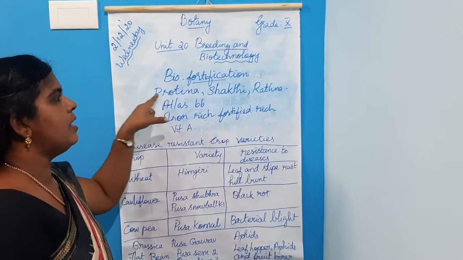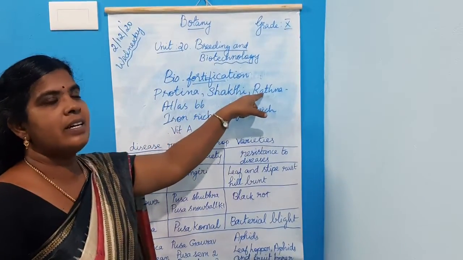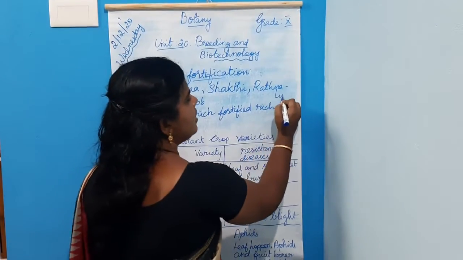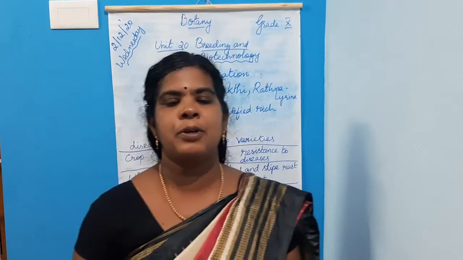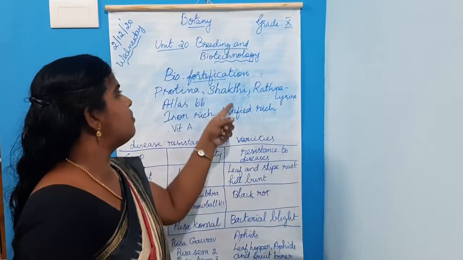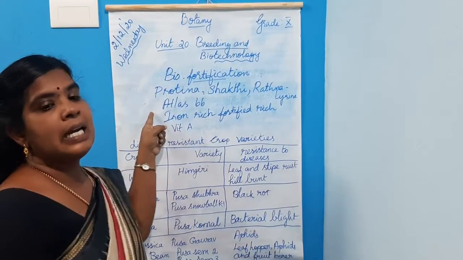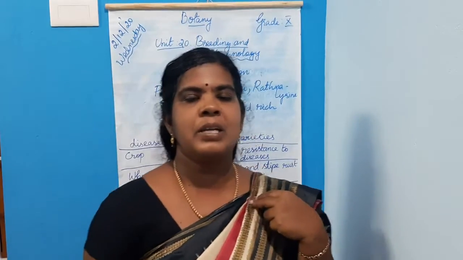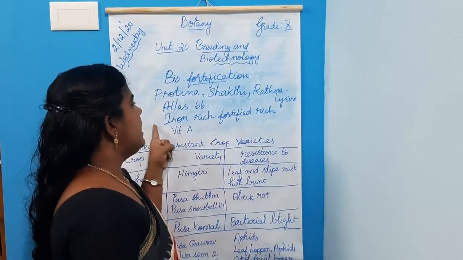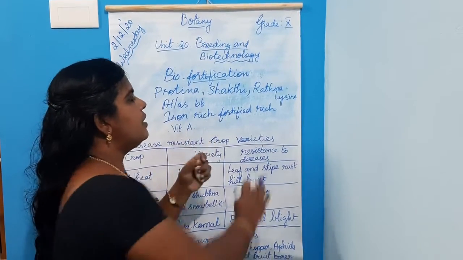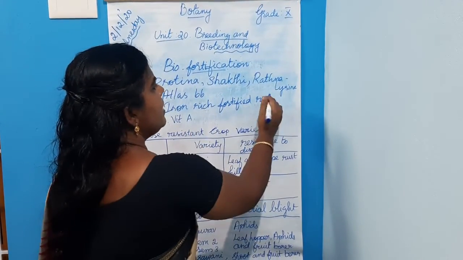First one is Protina, Shakti, Ratna. These are lysine rich. Lysine is one of the amino acids, isn't it? Lysine rich maize hybrids developed through biofortification. Then Atlas 66, a protein rich wheat variety developed through biofortification. Next, iron rich fortified rice.